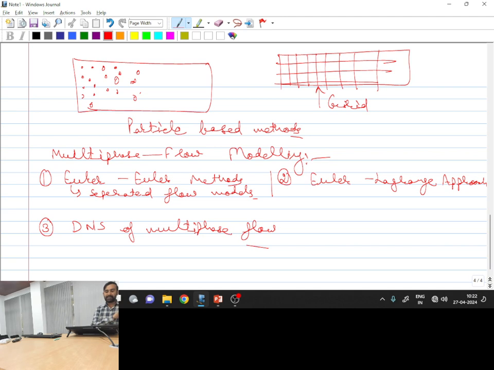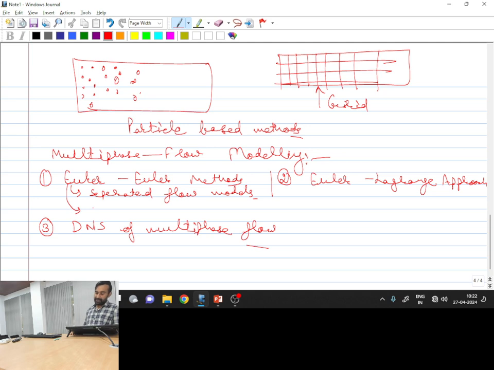That type of approach is called the Euler method. We majorly use Euler methods when both phases are fluids. If one of the phases is a particle, then we don't use the Euler approach. And most of the time, when both phases are continuous, we can go for this approach.